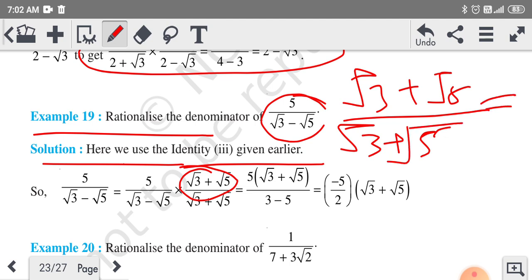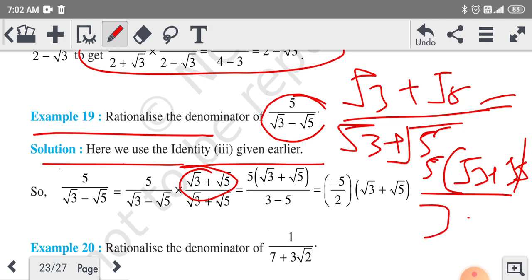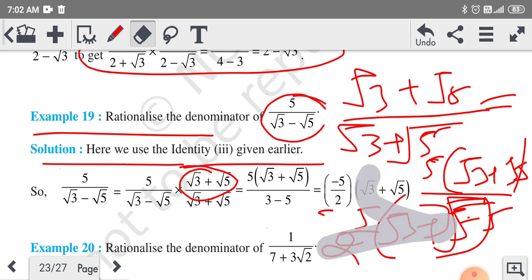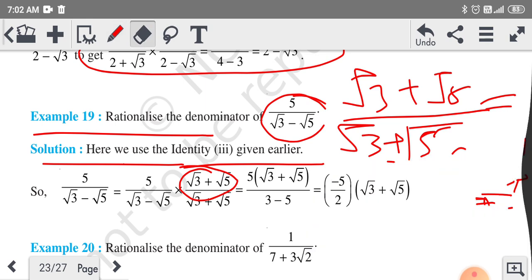That is equal to, मल्टीप्लाई करने के बाद क्या आएगा, that is 5 times under root 3 plus under root 5 divided by 3 minus 5. So that comes out to be minus 5 by 2 times under root of 3 plus under root of 5. So that is the answer.